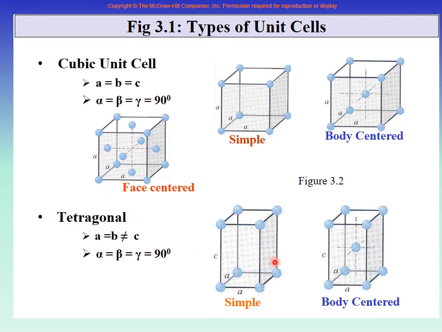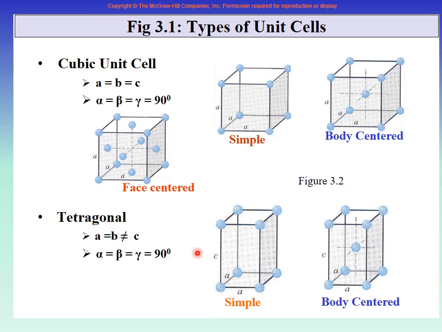Tetragonal is like this, that you start with a cube but elongate it, right? You start with a cube but elongate it. So the top and the bottom are very square, but the other sides are like rectangles, right? So if you see, 2 of the sides are equal, right? This side and this side are equal. A and A are equal, A and B. But C is unequal.